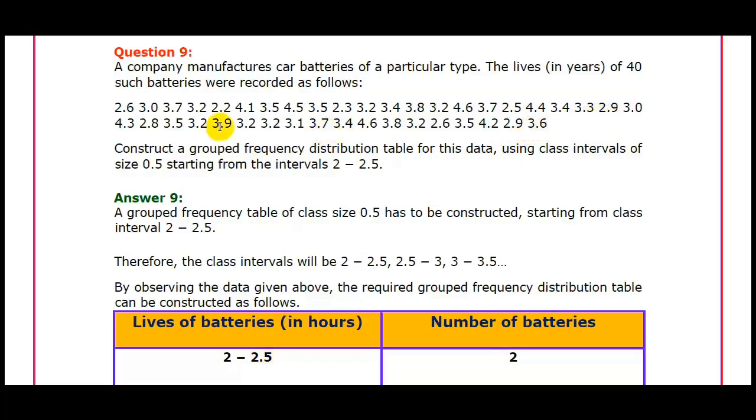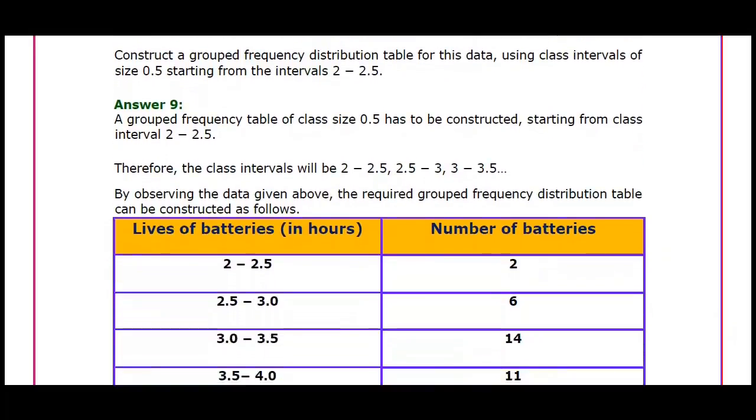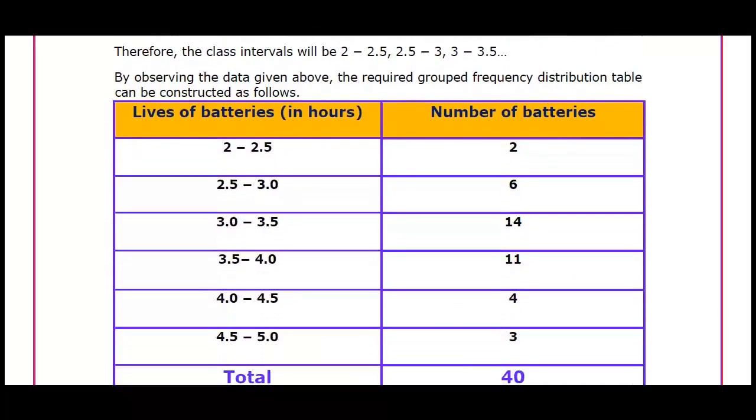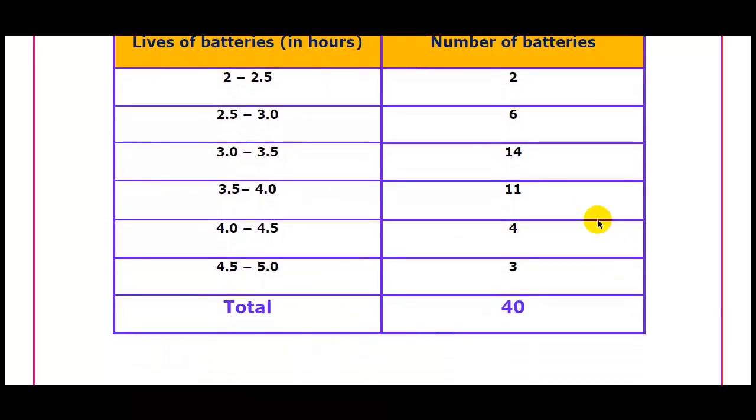And that is all. So only two frequencies are there in the class interval 2 to 2.5. Likewise, you can find the frequencies of the remaining class intervals, and you can construct your group frequency distribution table like this.